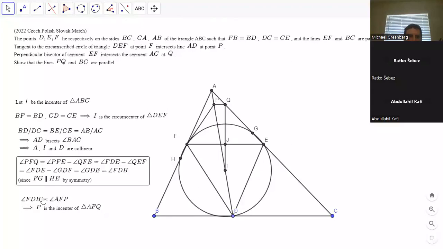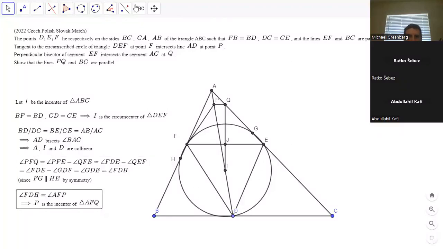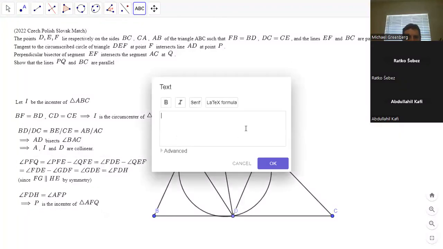So PQ bisects AFQ, and QI is perpendicular to EF. And that means that PQ is parallel to BC. All right. I'll add one more thing.